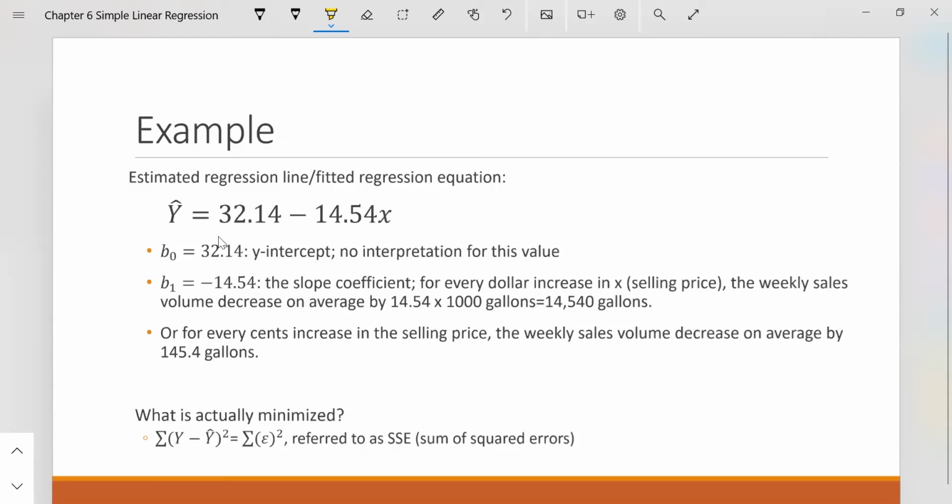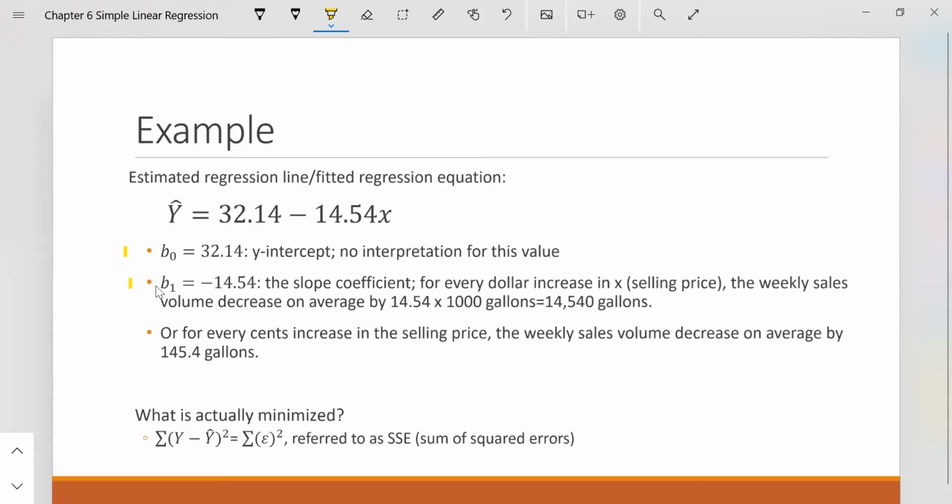Number one, the estimated regression line. It is given as 32.14 minus 14.54x, okay? And there are several things we can tell from this just one equation. Actually, there's a lot of information. The first thing we know is that now we can specify B0, which is the y-intercept, to be 32.14. And we also know that B1 is specified to be negative 14.54 for this particular data set.